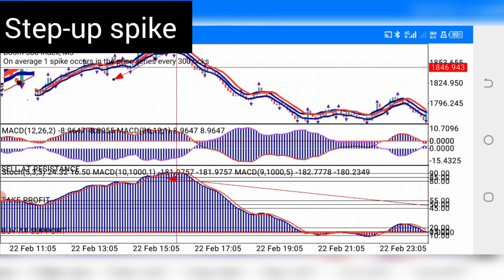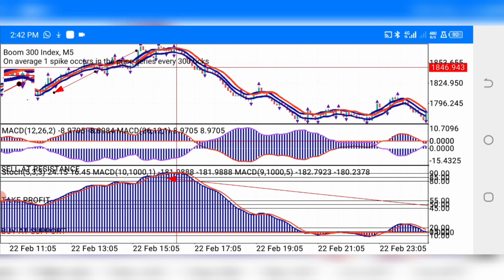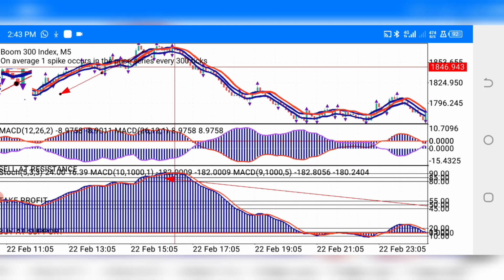We also have a step up spike. These ones are called a step up spike because they are stepping up. It shows that the market is stepping up. The step up spike indicates that the market is stepping up for a buy, while the step down spike indicates that the market is stepping down for a sell.